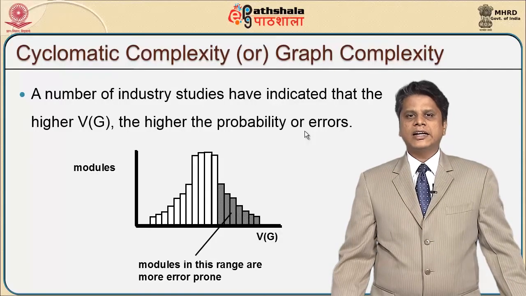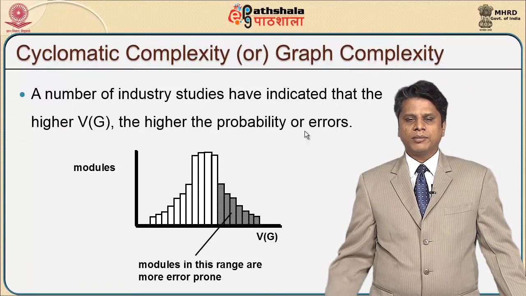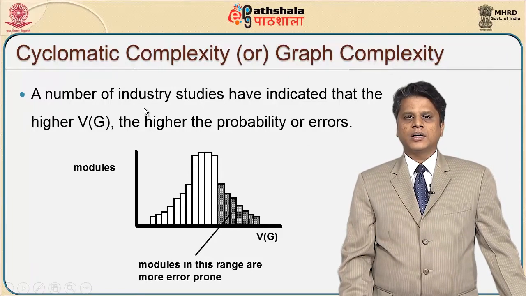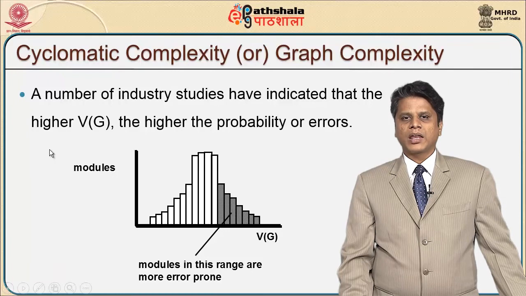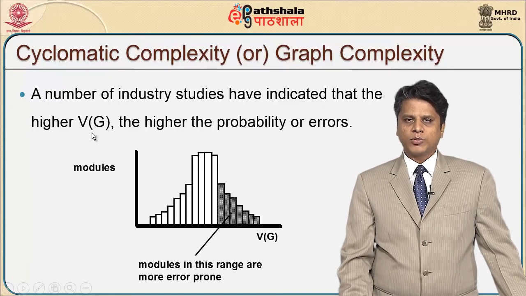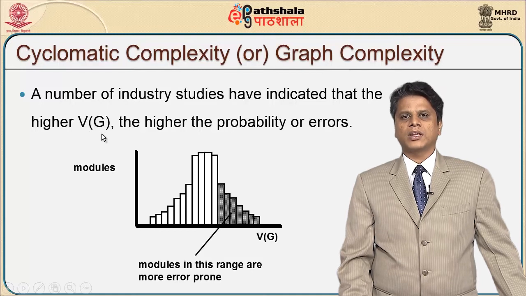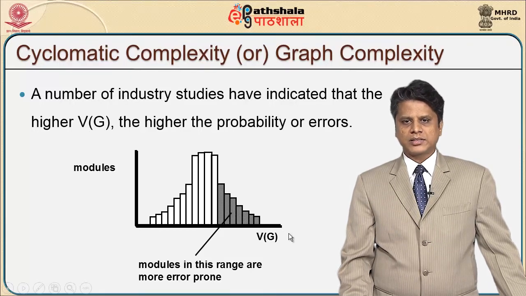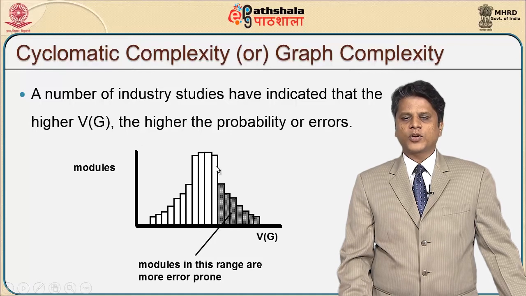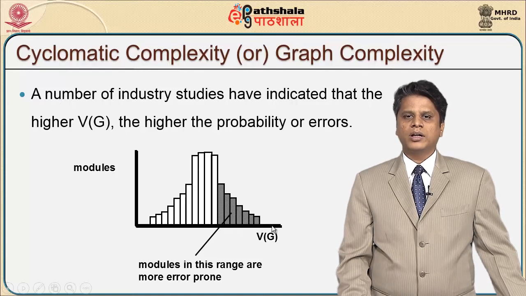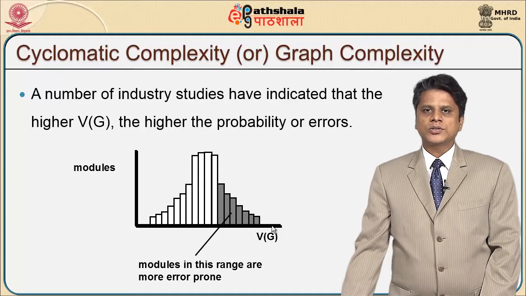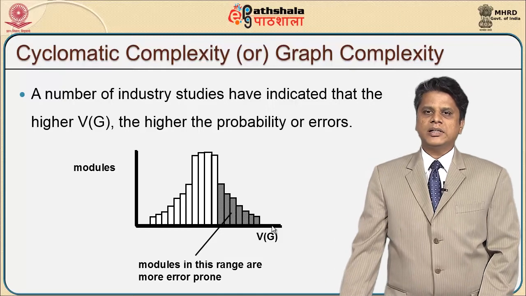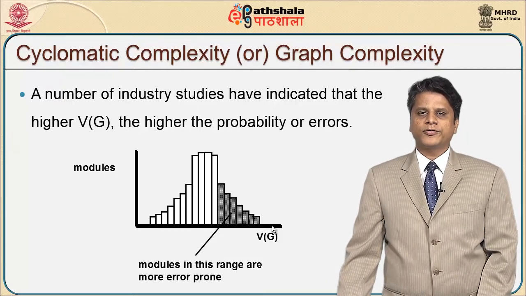So this is the understanding that we get out of cyclomatic complexity, whereas industry studies give us a number which indicates that the higher the cyclomatic complexity value for a particular graph, the higher the probability of errors. So the modules with the highest values are the modules where I can get more errors. We understand that the cyclomatic complexity depends on the probability of errors.